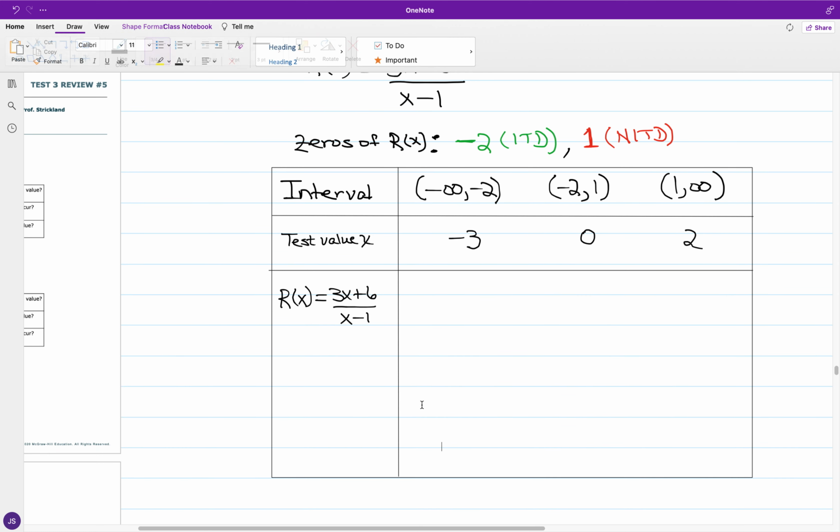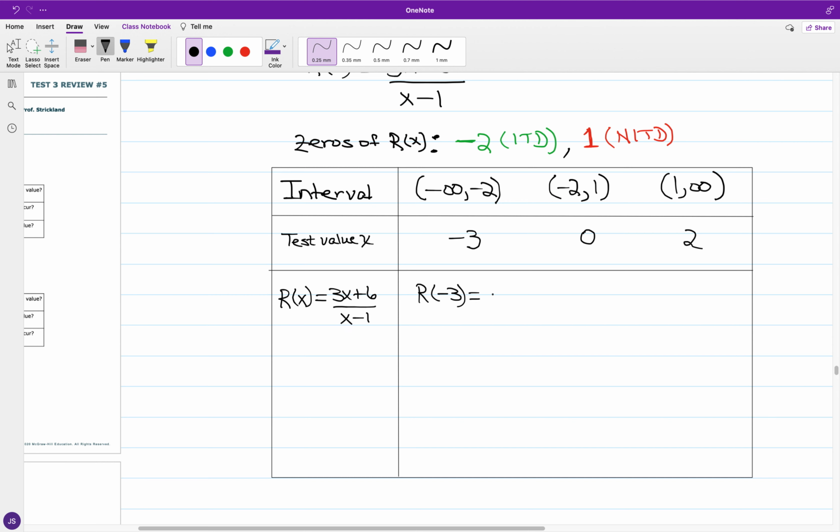What's going to happen here? You got 3 times -3 is -9. -9 plus 6 is -3. And we got -3 over -3 minus 1. So then we have -3 over -4. And a negative over a negative is a positive. So this will come out to a positive 3/4.